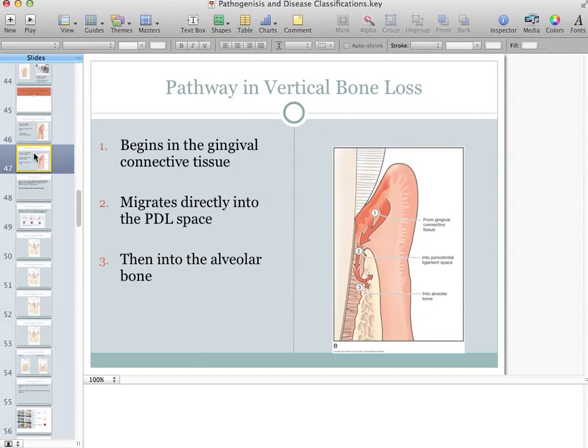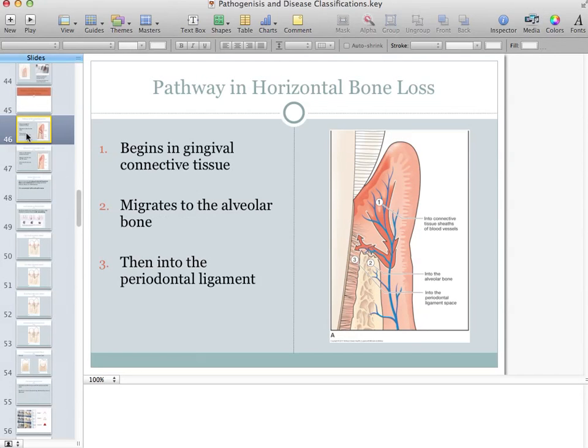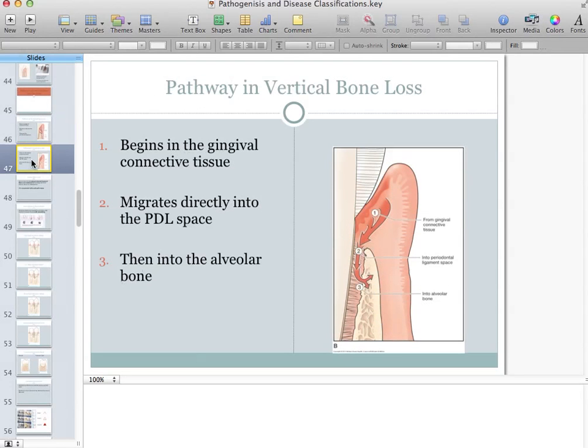Does that make sense? So let's review that again. Horizontal bone loss goes gingiva, alveolar bone, PDL, like a normal, regular way, right? Vertical bone loss: gingiva, PDL, alveolar. Okay? All right.